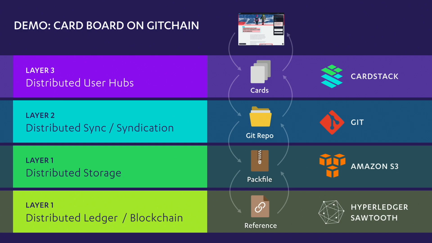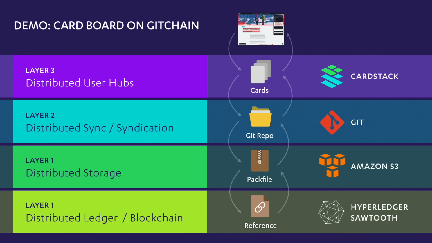If you haven't watched that video, the only thing you need to know is the idea of Gitchain, which takes a Git repository, which is code, content, and data in a file format, and turns it into a pack file that gets stored in distributed storage, in this case S3.